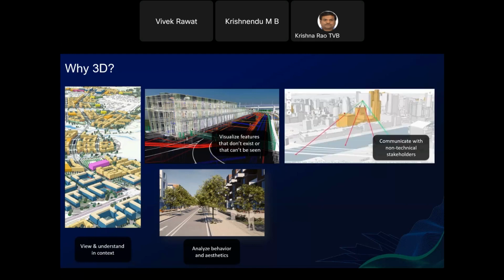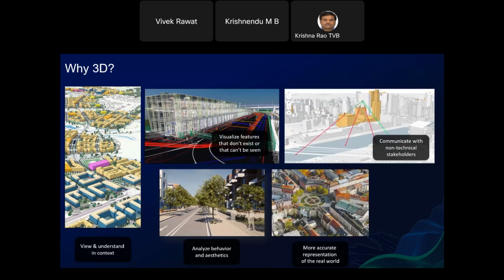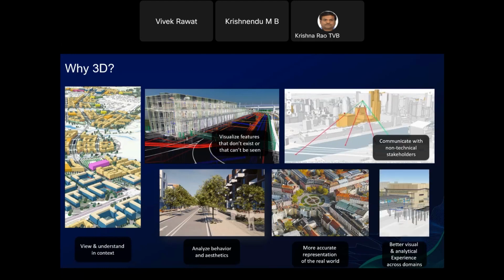And it is the best way to communicate with our non-technical stakeholders. We can explain things with the actual view: okay, this is going to be there, or this is how it is going to affect things. It gives us a more accurate representation of the real world also. And it is not just in one particular domain. 3D can be applied everywhere.